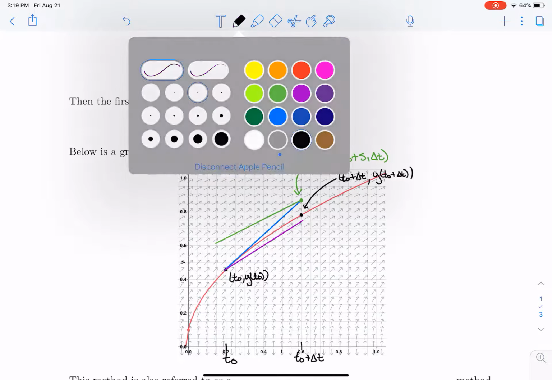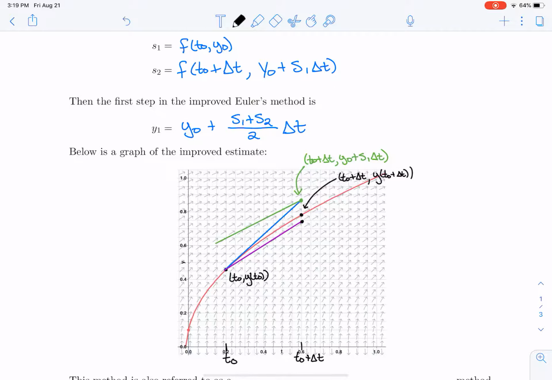And what that does is that gives us a better estimate at t0 plus delta t, which is given by y0 plus s1 plus s2 over 2 delta t.